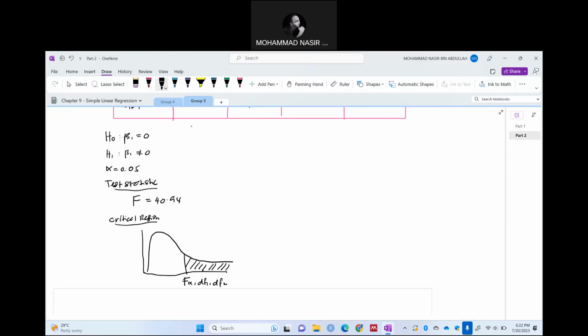Degree of freedom number 1 is based on regression, and degree of freedom number 2 is based on error. So F 0.05, 1 and 10, where 1 is DF regression and 10 is DF error.